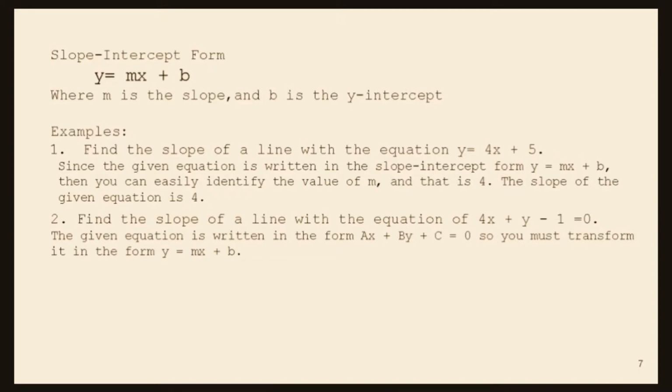Ito yung na-mention natin kanina na form dun sa pinag-uusapan natin, yung linear equation in two variables. Naka-general form yun. So, since kailangan natin siyang gawing slope-intercept form, ang kailangan natin gawin is malipat yung 4x tsaka negative 1 sa right side ng equal sign, and may iwan dapat yung y sa left side.